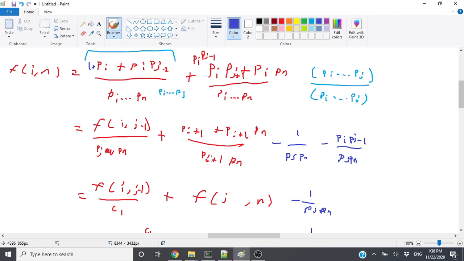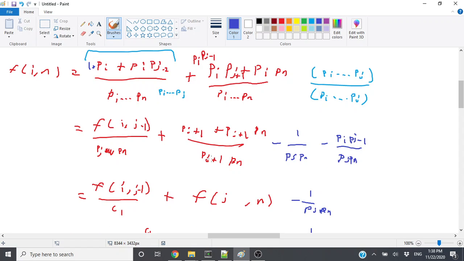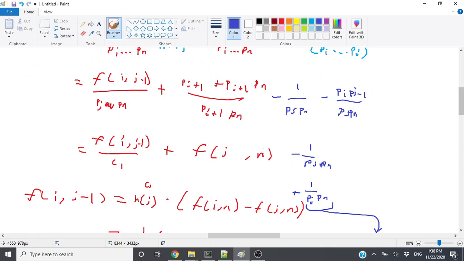Plus f of j, no, I minus 1. How'd this work?